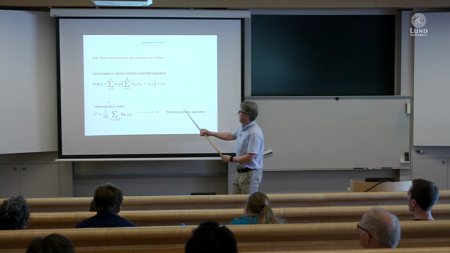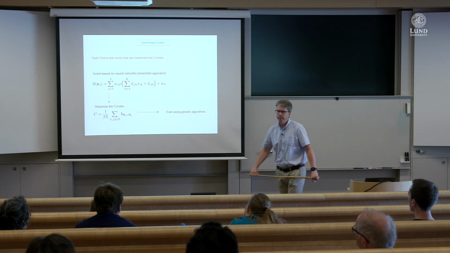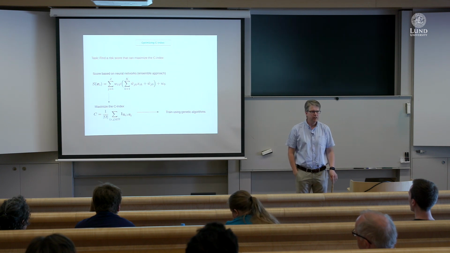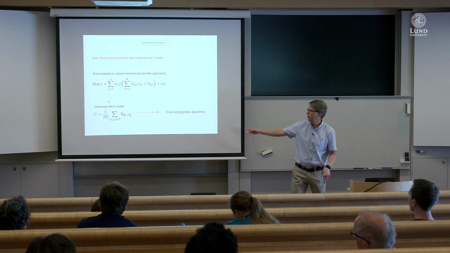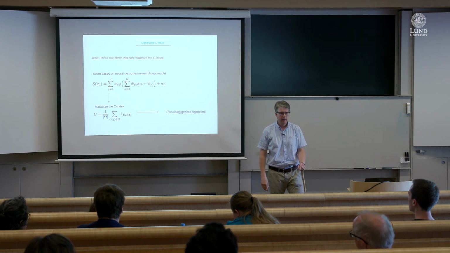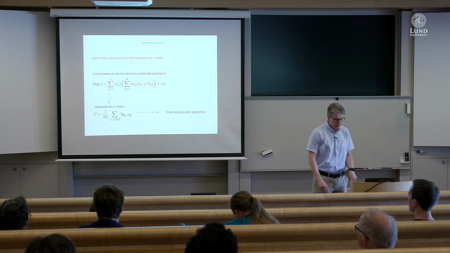It works okay. It takes a little bit more time to train than gradient descent-based methods. Naturally, I have less information in genetic algorithms, but they are quite universal. So we tried that, and it worked out quite well.